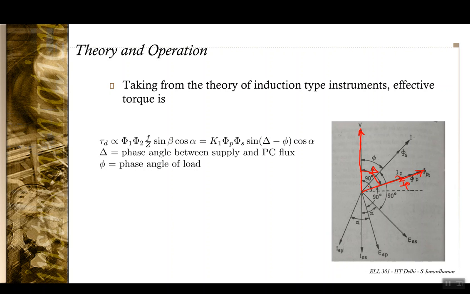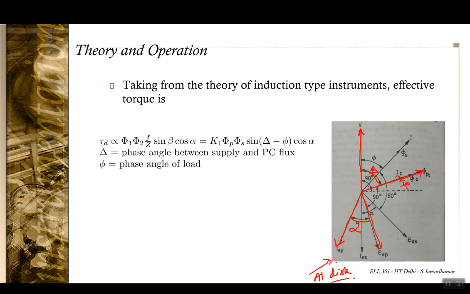This produces an eddy EMF EEP, and there is another current IEP that lags this by an angle alpha. This alpha is indicative of the impedance of the eddy current circuit, so it depends upon the aluminum disc. The properties of the disc will determine the value of alpha.